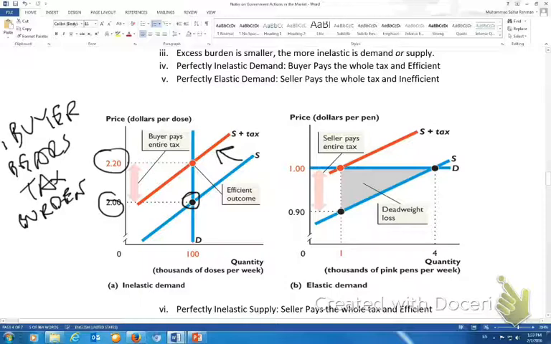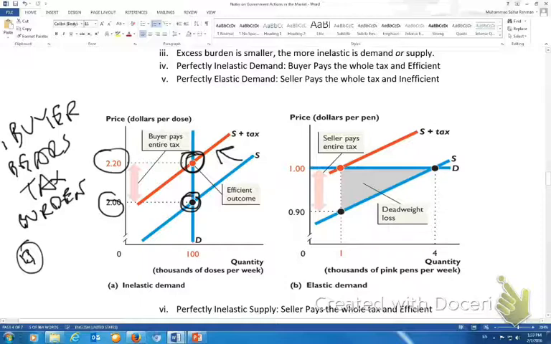But there is something also fundamental in this case, which I think is fascinating. When you look at a comparison between marginal benefit and marginal cost before and after the tax, before the tax, the marginal benefit and the marginal cost were the same. After the tax, the marginal benefit and the marginal cost are also the same.